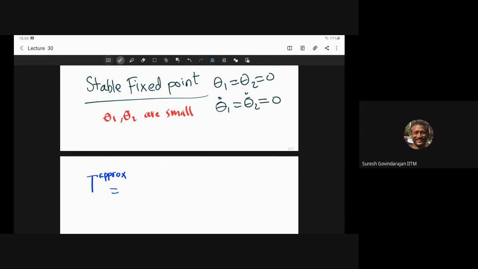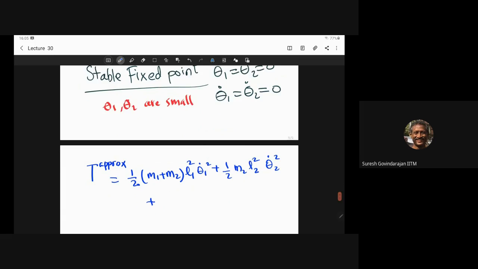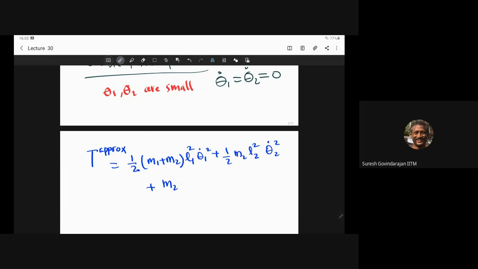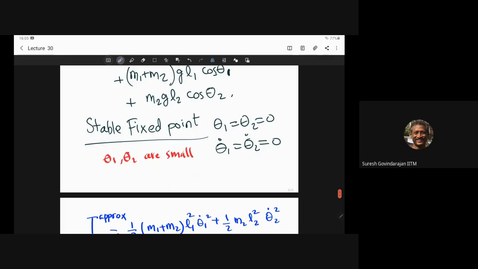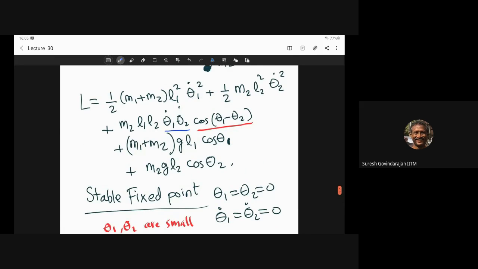So let me just write that. Okay, so now the next step is what we have to do for V. What should I replace cosine theta 1 with, and similarly cosine theta 2?